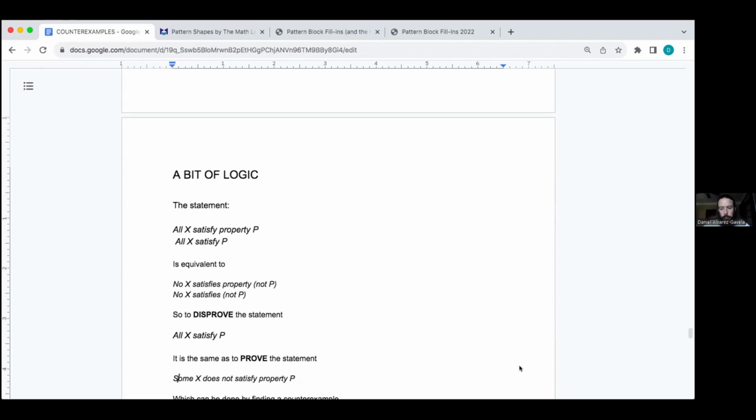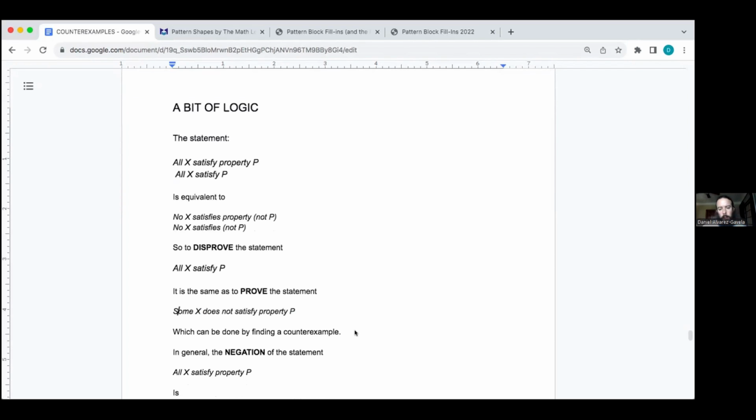So to disprove the statement all flowers are red, it is the same as to prove the statement some flower is not red. And to prove the statement that some flower, say a sunflower, is not red, it suffices to give a single example of a flower that is not red. Okay, and so that's kind of what's going on.